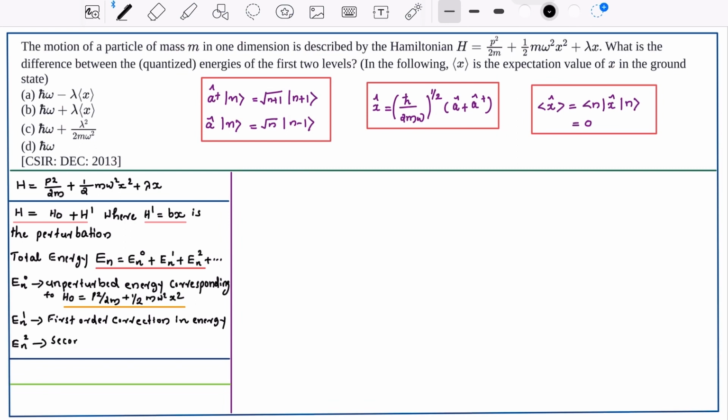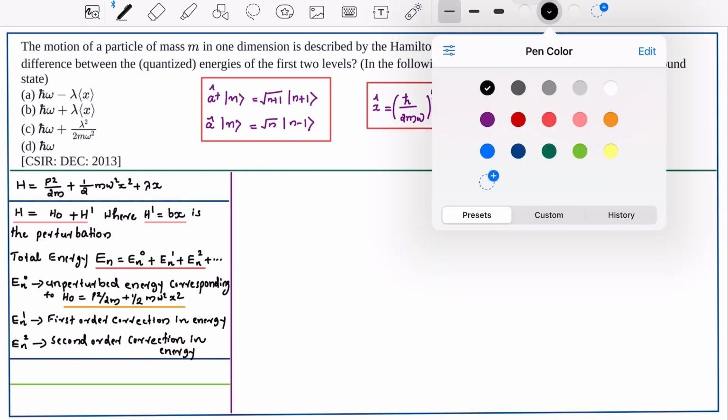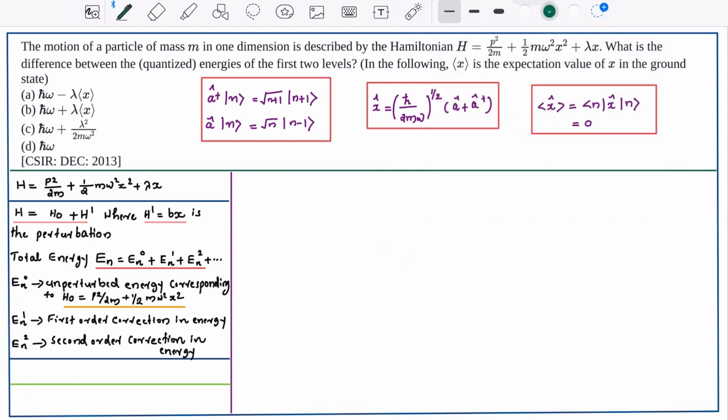It is a second order correction in energy. Now we have to find out what is the first order correction in energy and the second order correction in energy. Then together with En0, we will get the total energy. Now how to find out this En1, that is the first order correction in energy?